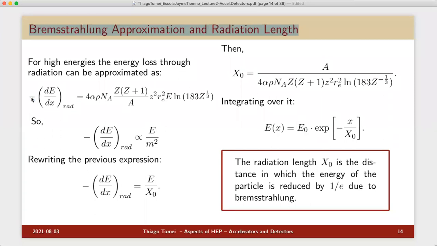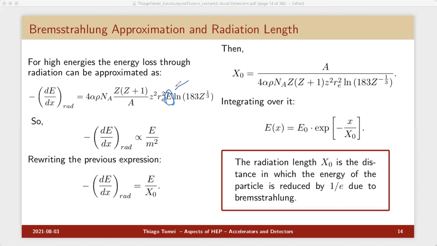You get this complicated formula here, where you have the quadratic dependence with Z. There is stuff like the density of the material, the Avogadro number, the fine structure constant, stuff.